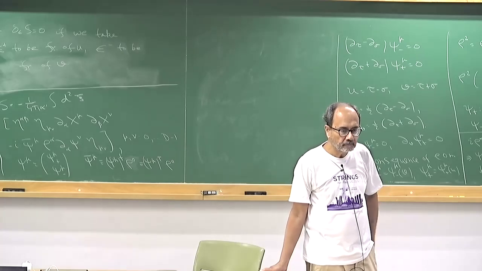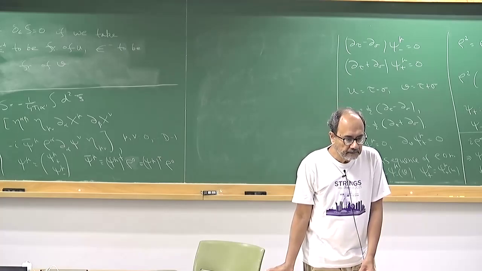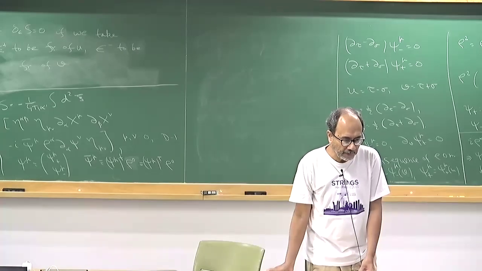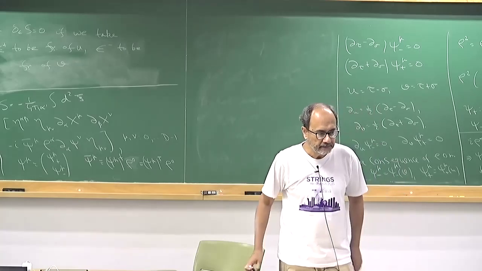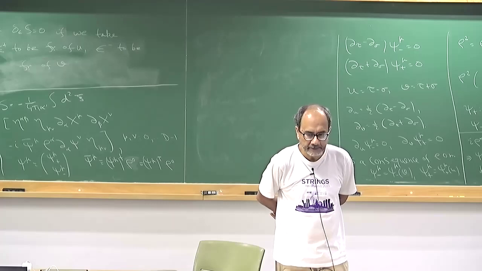It will be like N equals 1 or N equals 2. This is what is called N equals (1,1), because in two dimensions you count left and right separately. There is one supersymmetry on the left, one supersymmetry on the right.